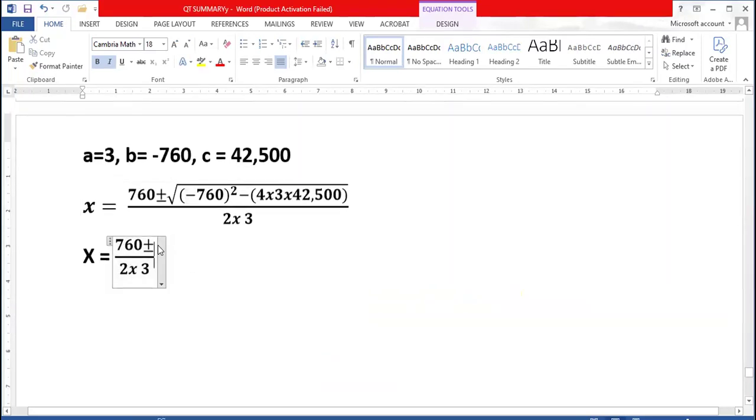So what do you get using your calculator? 760 squared minus open bracket 4 times 3 times this close bracket. Then press the square root, then answer. Take the square root of your answer. All of you use your calculator. Some of you don't use your calculators, you just copy. How will you manage time?